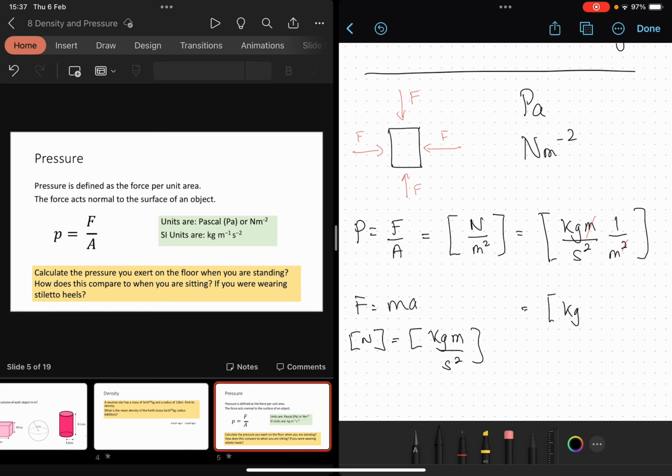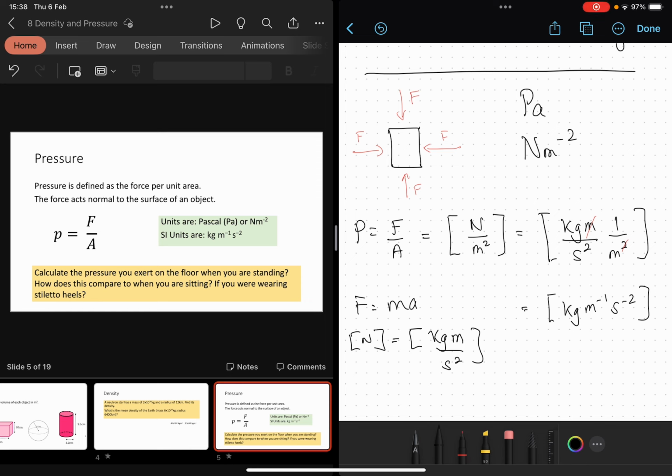Okay, so the idea of pressure then is all about force and area and the ratio of those two. So when you stand on the floor, your weight is the force of gravity acting on the floor, and the area is the surface area of your 2 feet.